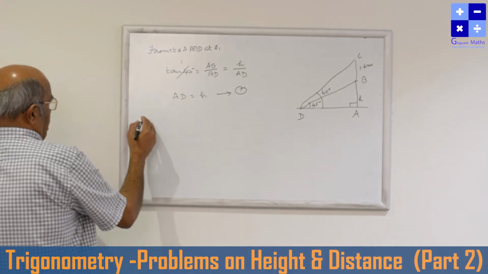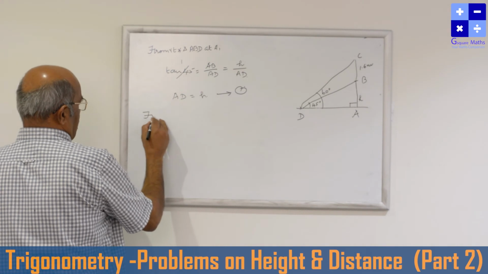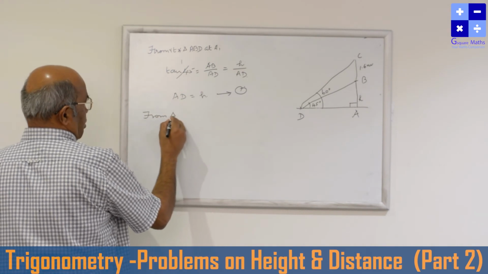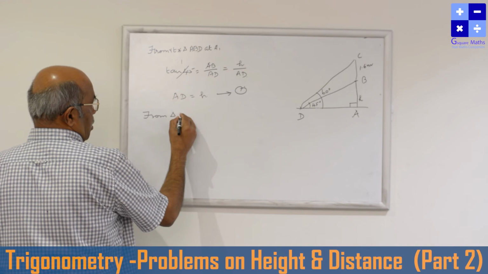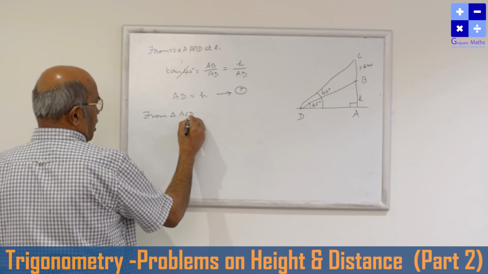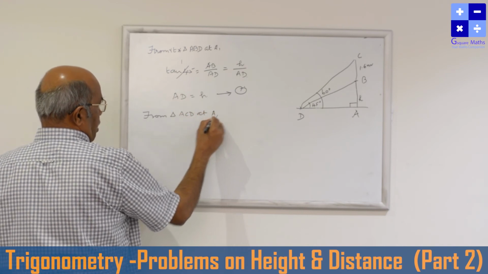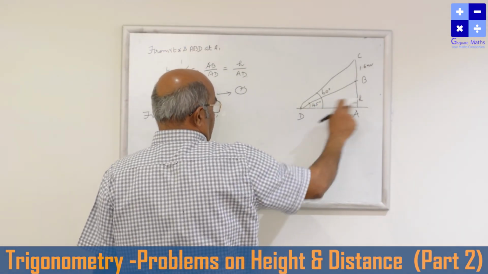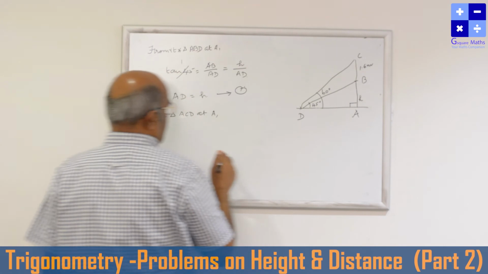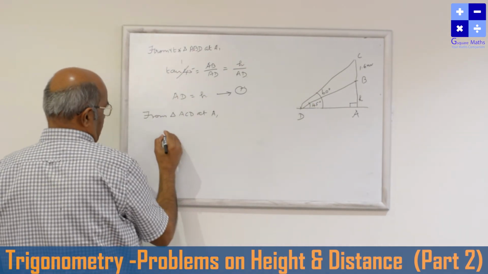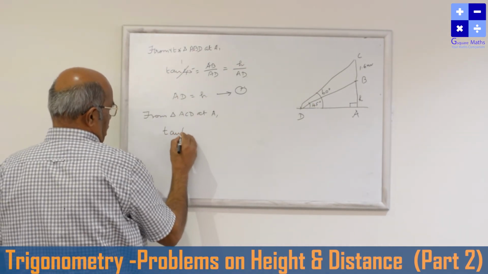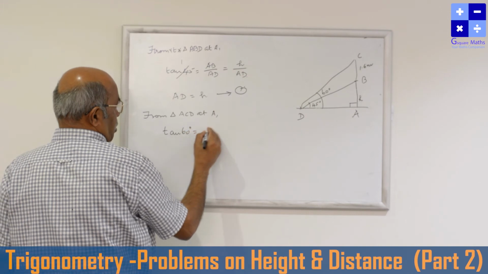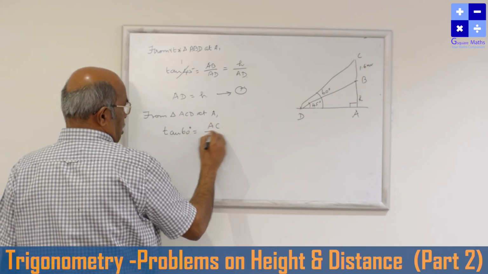Come to the second right angle triangle. From triangle ACD at A, the big right angle triangle, the angle is given as 60 degrees. Tan 60 is equal to opposite side by AD.